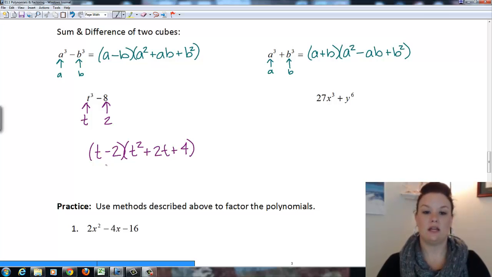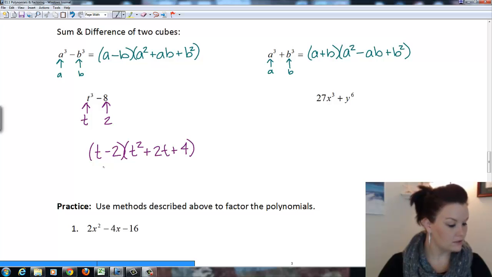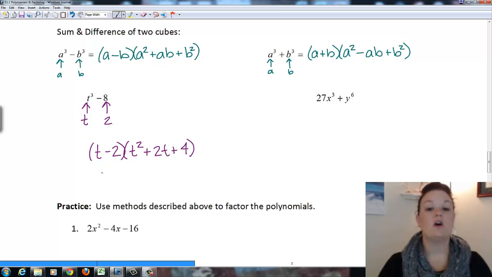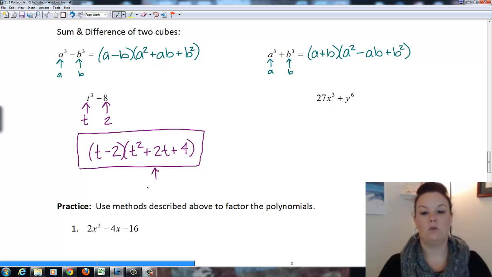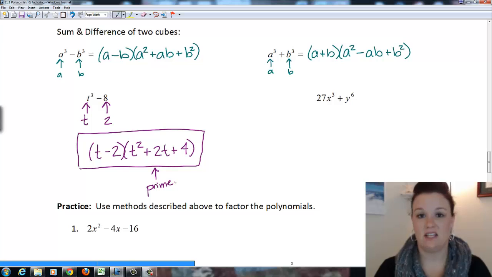Now, the good thing about sum and difference of cubes is once you've plugged everything into this formula, this second factor is always prime. Okay? So you never have to check to see if it will factor further if you're doing sum and difference of cubes.